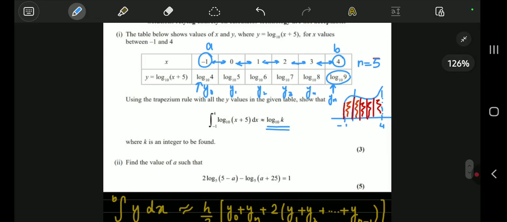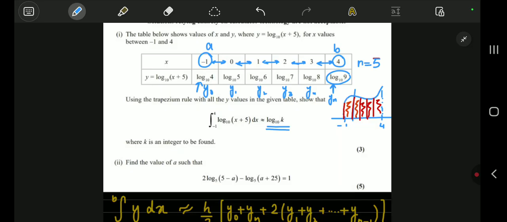So now find the value of a. We need to find the value of a when we have log with base 5 of (5 minus a) squared, minus log with base 5 of (a plus 25), and it should be equal to 1.